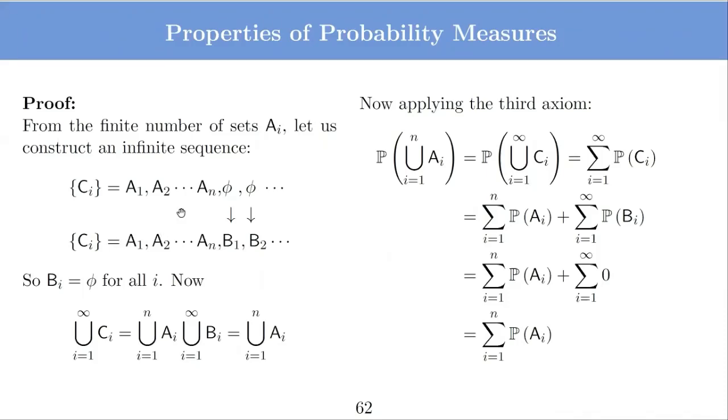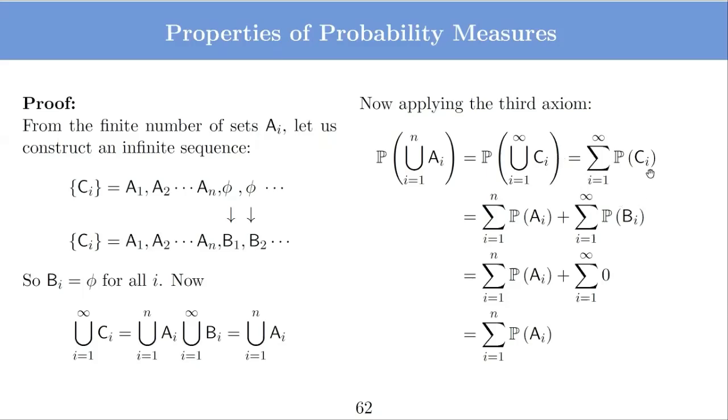And if you take any intersection between Ai's and Bj's, then also you get phi because Bj's are phi. So no matter which Ci and Cj you take, the intersection is phi. So these Ci's are also disjoint. That's why we can say from the axiom that the probability of the union of Ci's is equal to the summation of the individual probabilities of the Ci's.